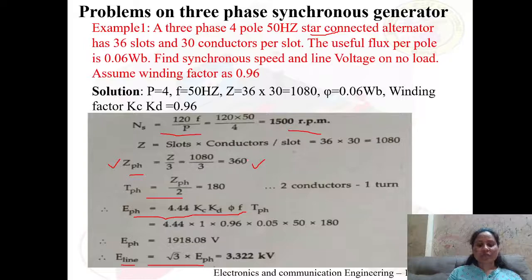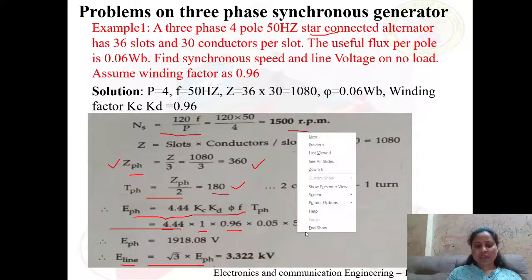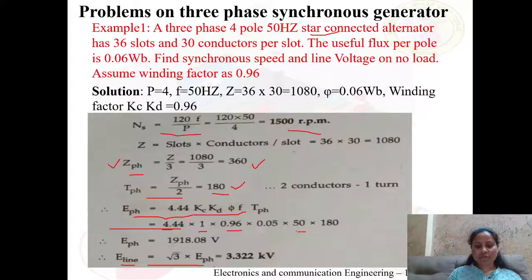Now ZPH, the conductors in a single phase, divided by 2 gives us the total number of turns in a single phase. Now let us substitute all the values in the expression for the phase voltage: 4.44 into Kc Kd as 0.96, flux 0.06 Weber, frequency 50, TPH is 180.